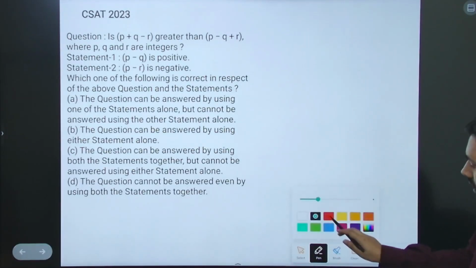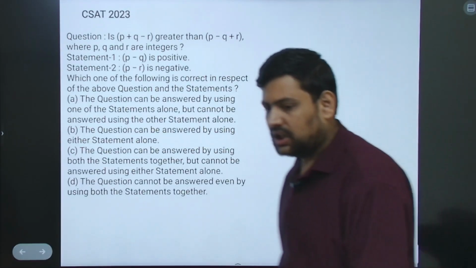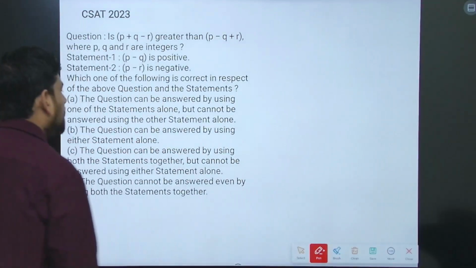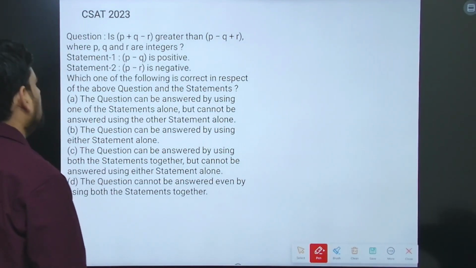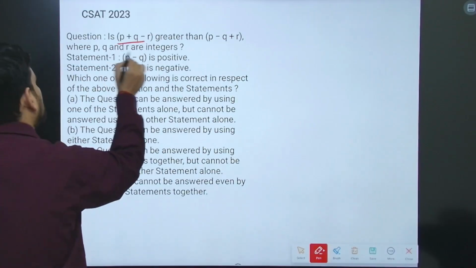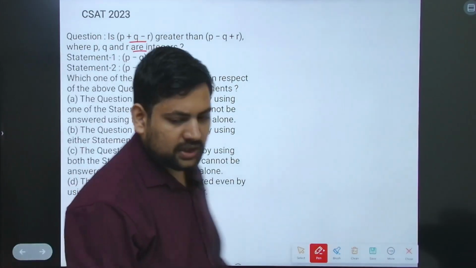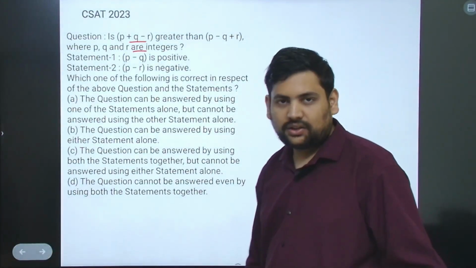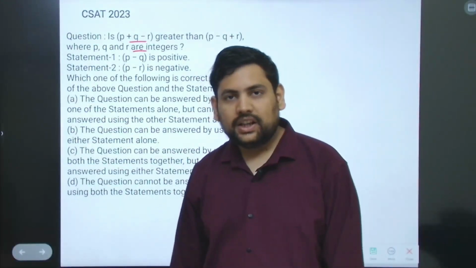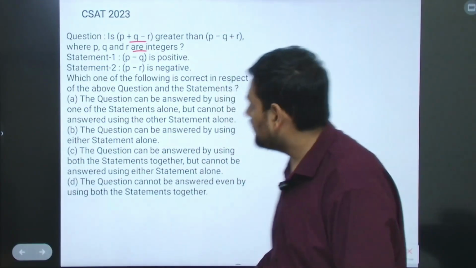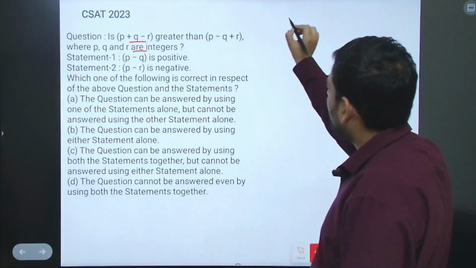Now see this. It says: is P plus Q minus R greater than P minus Q plus R? Okay. Where P, Q, R are integers. Then some statements are given to you. Now, first thing, this inequality you have to solve. So first write the question.